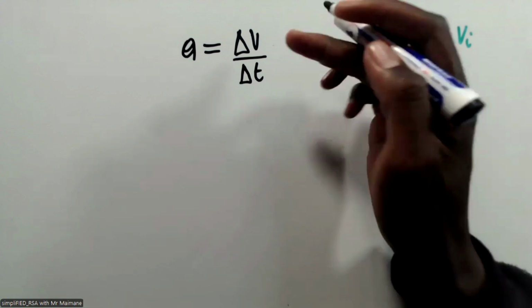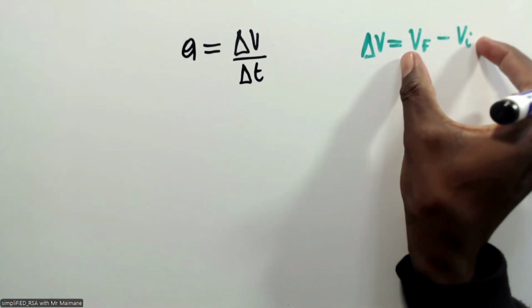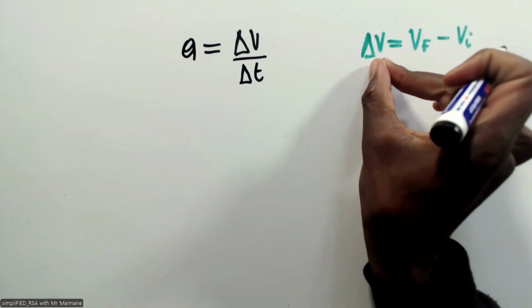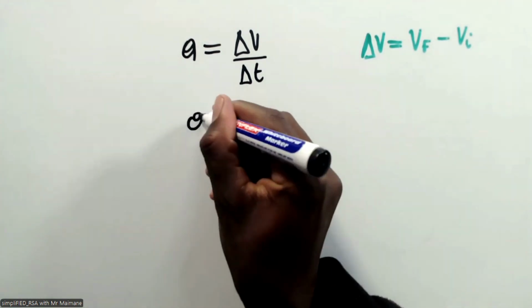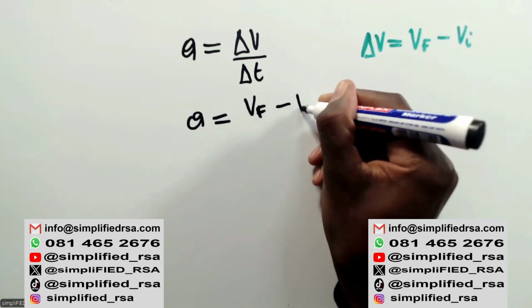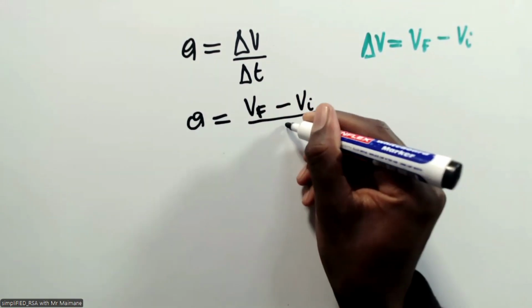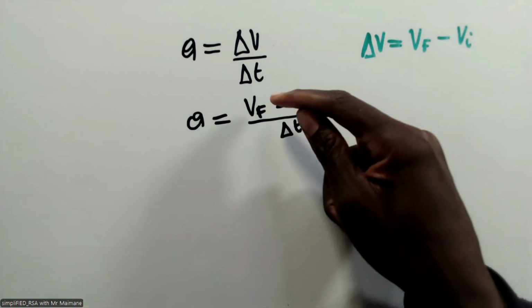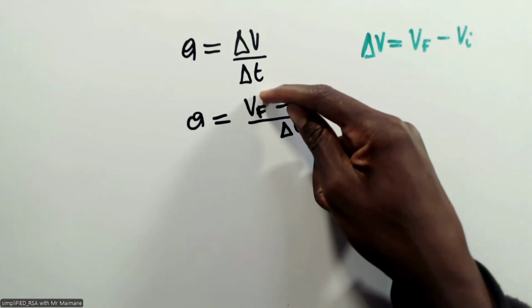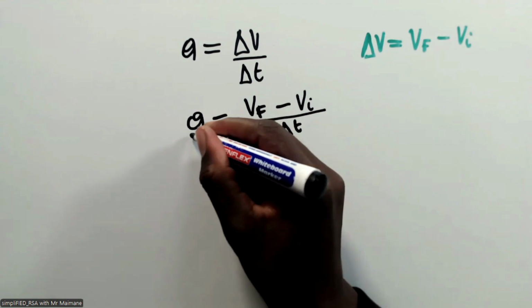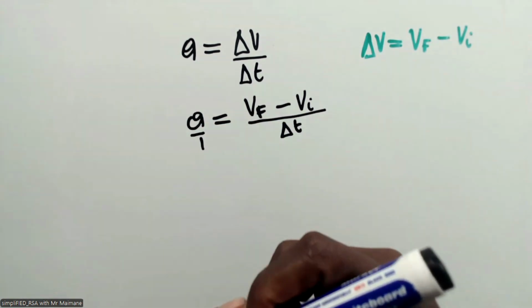Now, it means where there's change in velocity, I can substitute final velocity minus initial velocity because it's the same as change in velocity. So I then say acceleration is equal to final velocity minus initial velocity all over change in t. And now, if I decide to make VF the subject of the formula, obviously I will cross multiply because we know that any number is over 1.